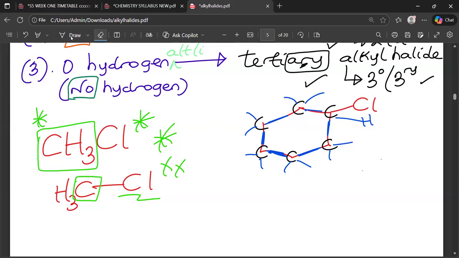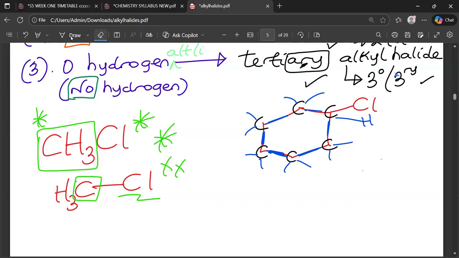This compound is also okay to call a halogen alkane or haloalkane. I remember telling you that alkyl halide comes from alkane, and this one comes from those alkanes they call cycloalkanes.